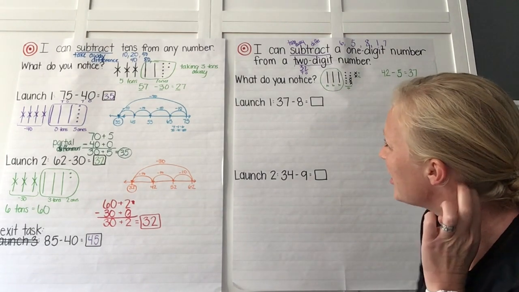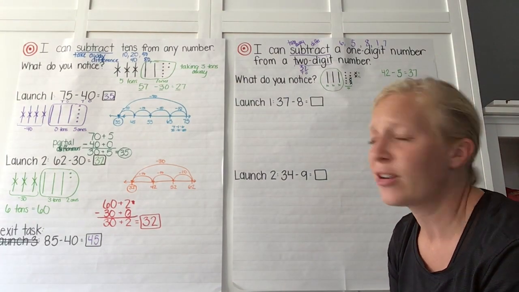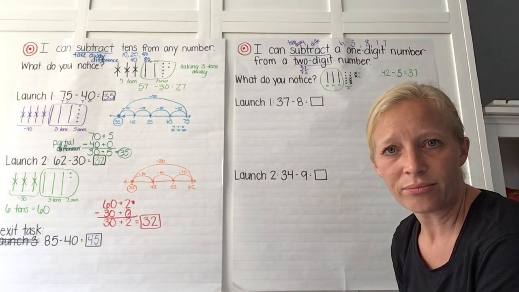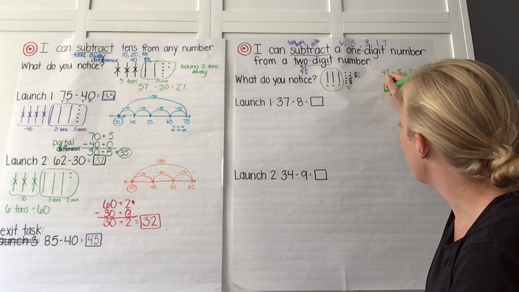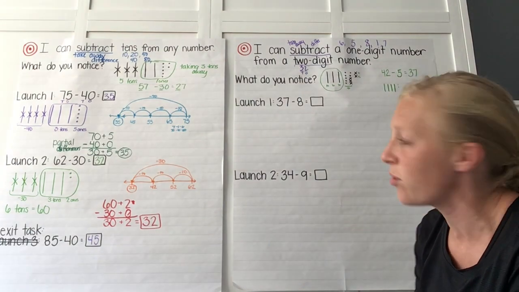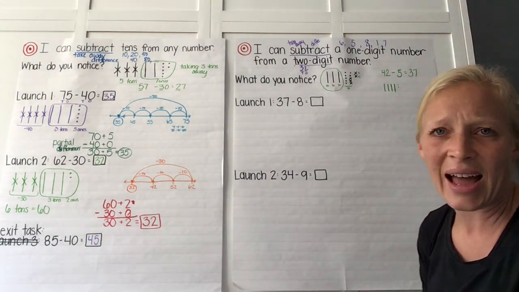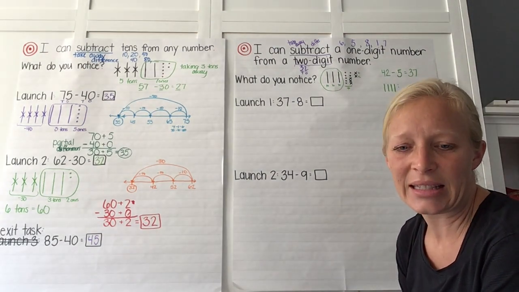But that looks a little different than that one over there. What do you notice that's different about this model? Ooh, yeah, normally the number 42, if we were just going to draw the most efficient way to make the number 42, we would draw it like that. Why do you think I drew it like this?